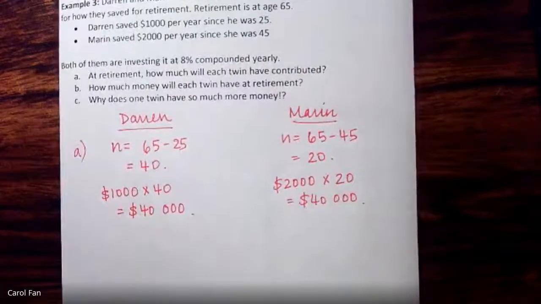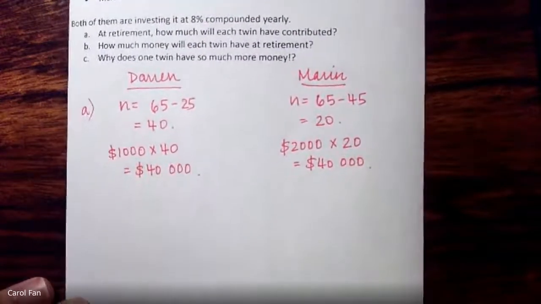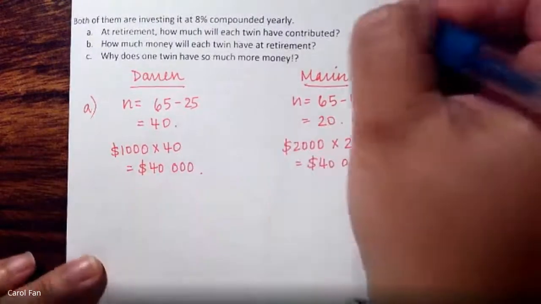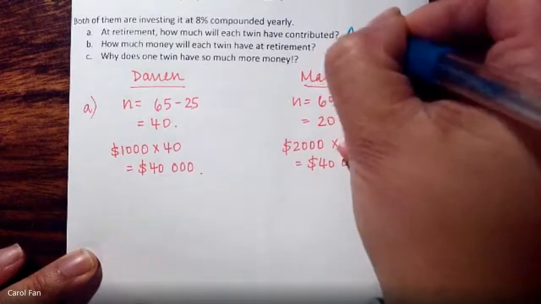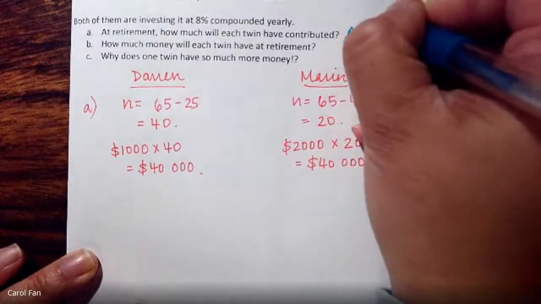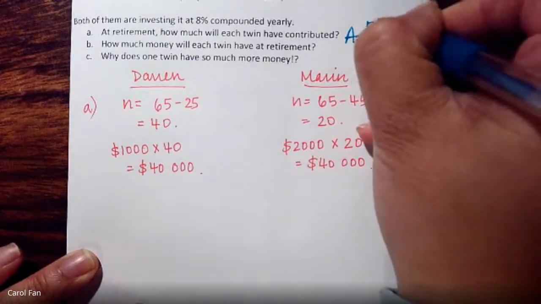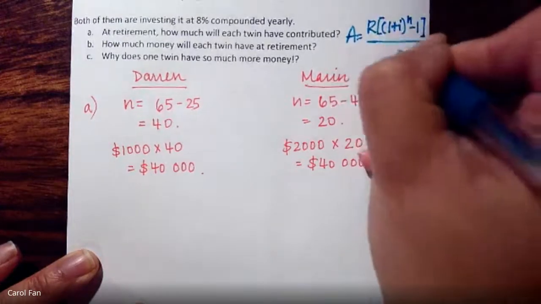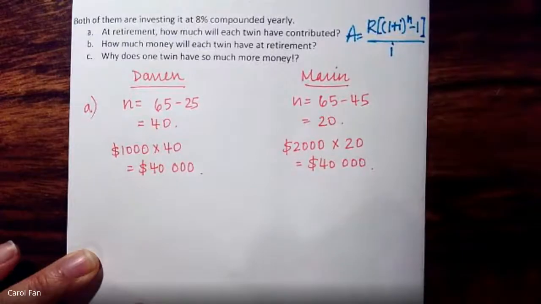So let's find out how much each twin will have at retirement. And we're going to use our annuity equation. Just a reminder, our annuity equation is R times (1 plus i) to the power of n minus 1, all divided by i.